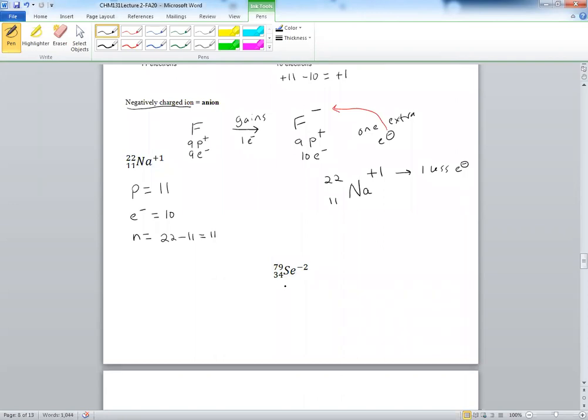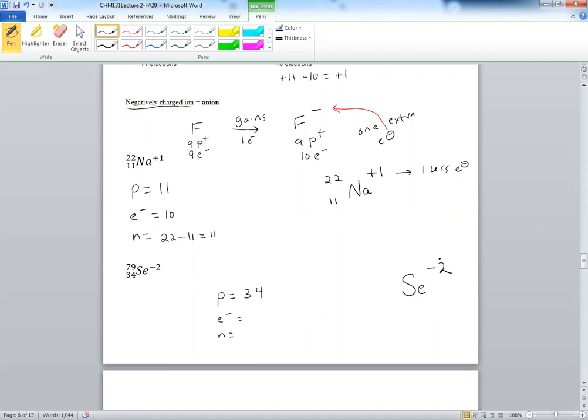Now, for selenium here, let's find the protons, electrons, and neutrons. The number of protons is 34. But what does this minus 2 mean?